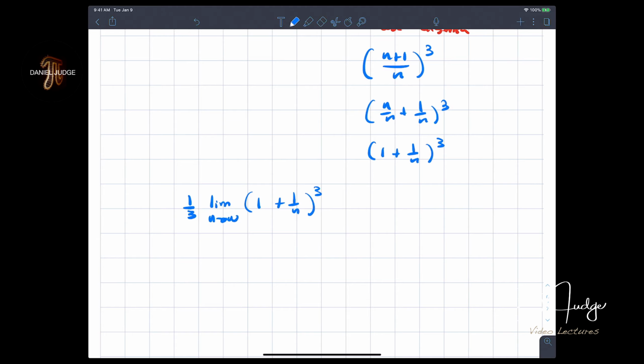And what you guys know is that this will be 1/3 really times 1, which is 1/3. Because as n gets big here, if I try to find this, we're looking at that ratio here. As n gets big, 1 over n goes to 0.